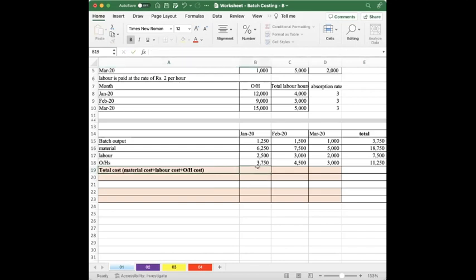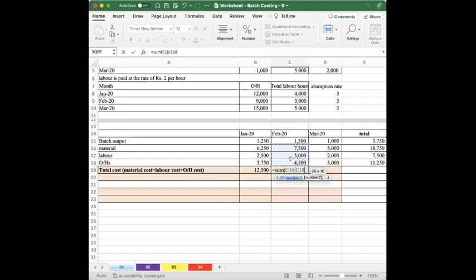Therefore, we can just take the addition of these three values, right? Take the addition of material cost, labor, and overheads. That will be 12,500.